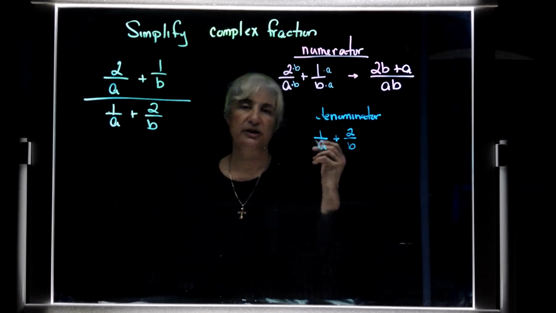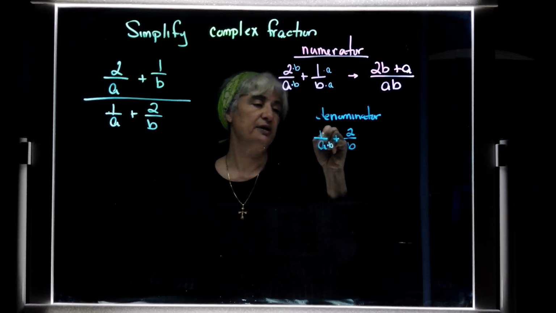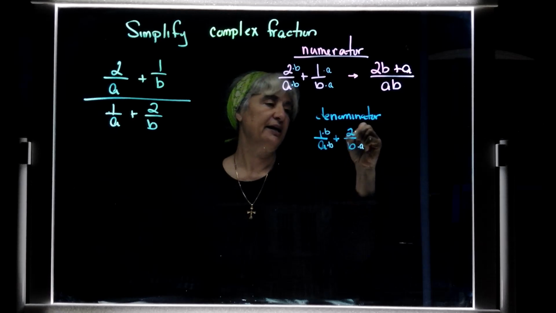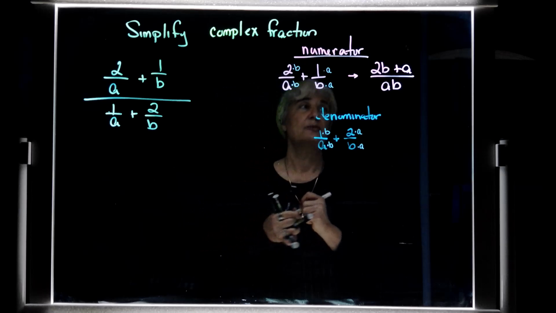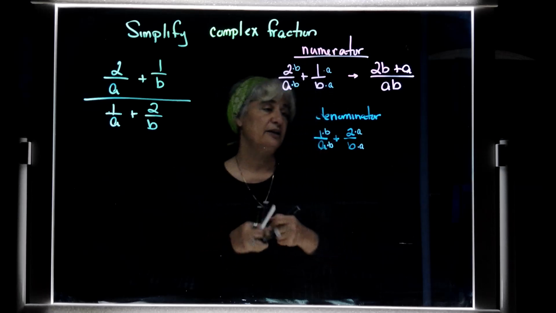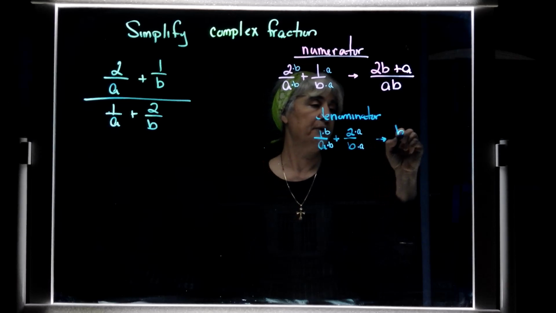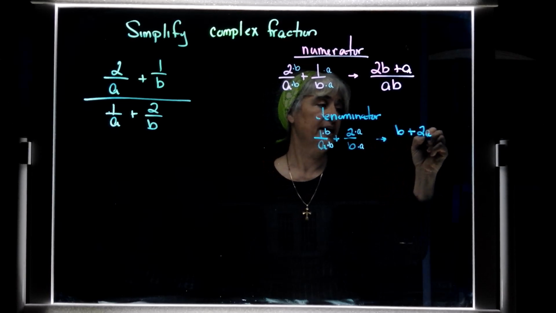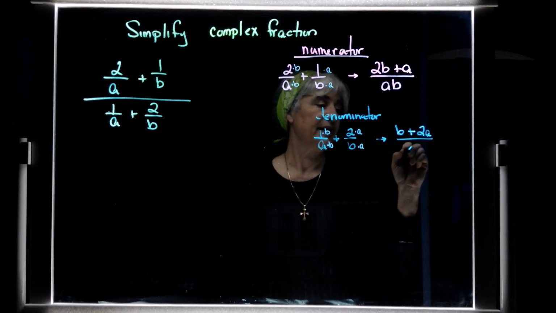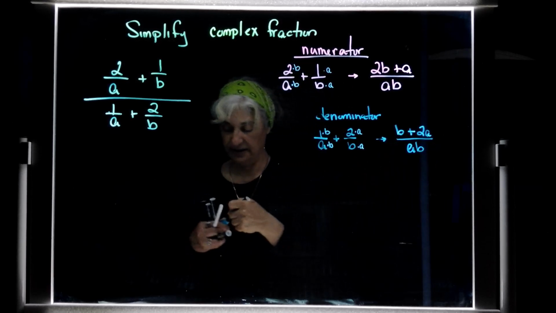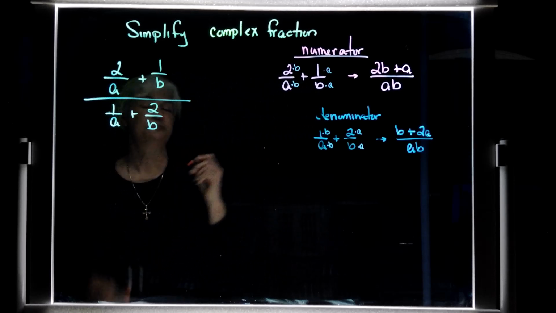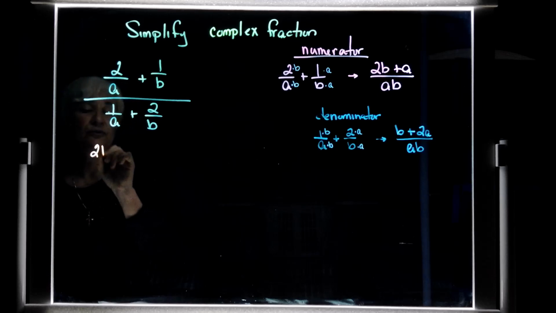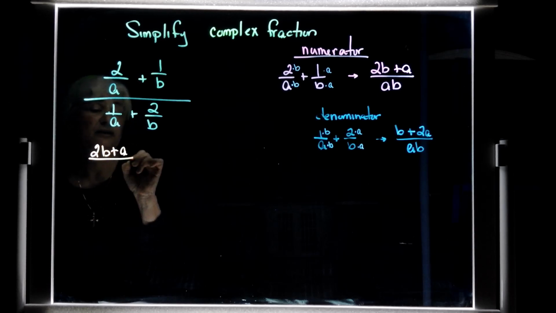Common denominator, which, good, multiply the first one by b and the second fraction by a, which would give me b plus 2a over a times b. Excellent. Good job. And now I'm going to come back over here, and I'm going to rewrite this as 2b plus a over ab in the numerator.